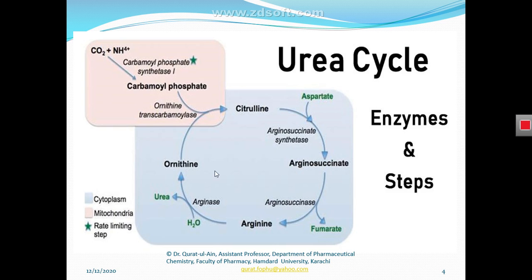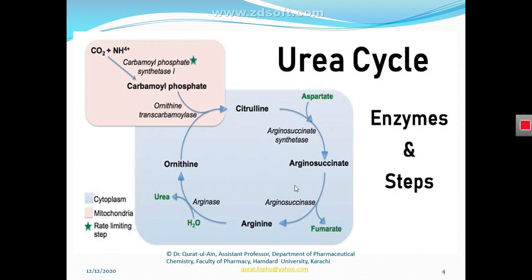So this ornithine produced at the end of the cycle combines with another molecule of carbamyl phosphate and forms citrulline, and then again citrulline goes through all these reactions and forms another molecule of urea and another molecule of ornithine. Then this ornithine is again utilized to produce citrulline.